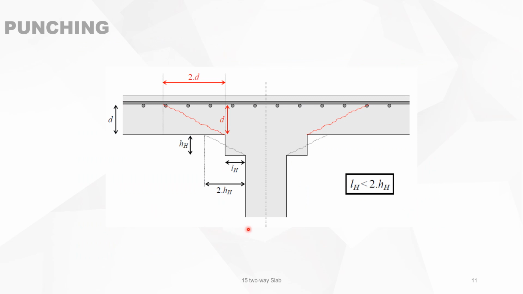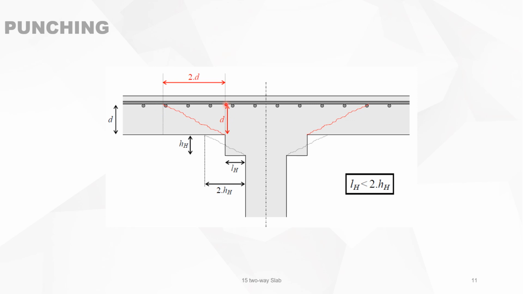The different mechanisms of the critical punching cone. Suppose that the distance LH is smaller than 2 times the depth of the first part of the concrete. If this is the case, there is no cone that can be developed like that, but the first punching cone will be like this.